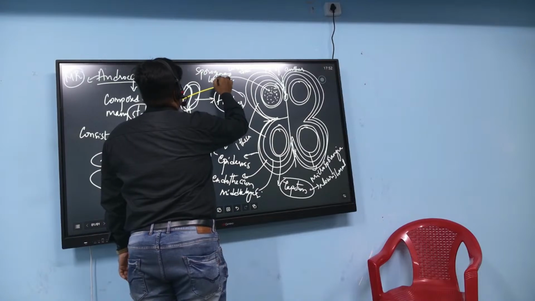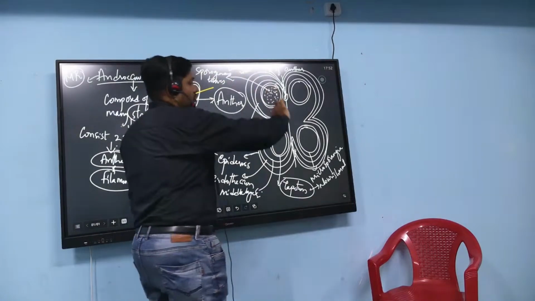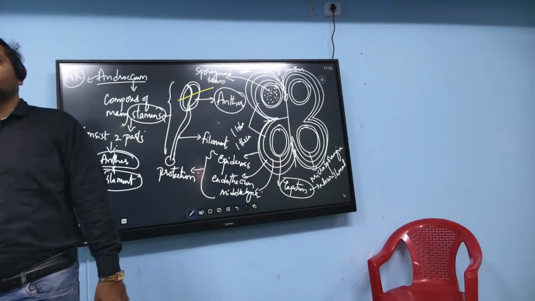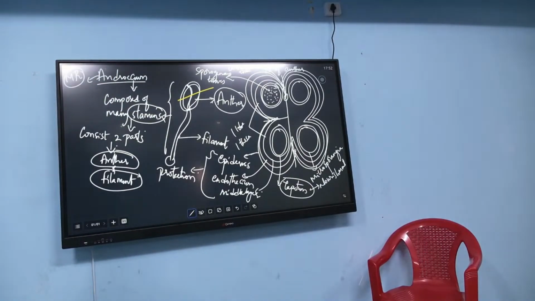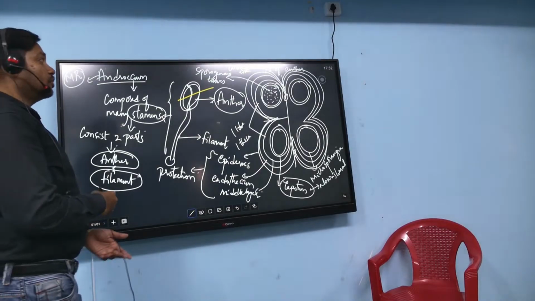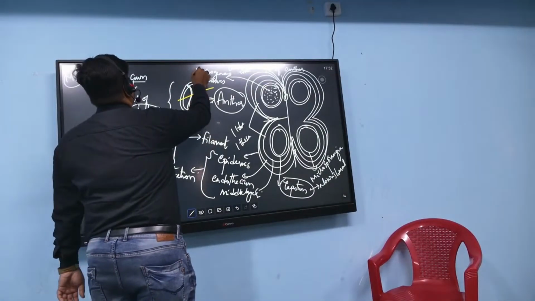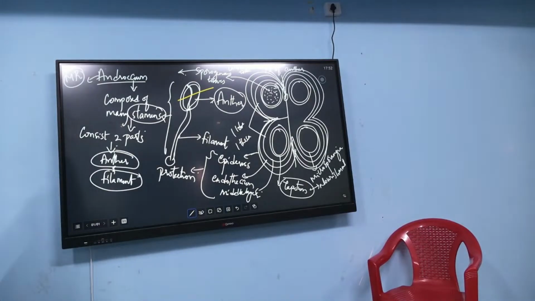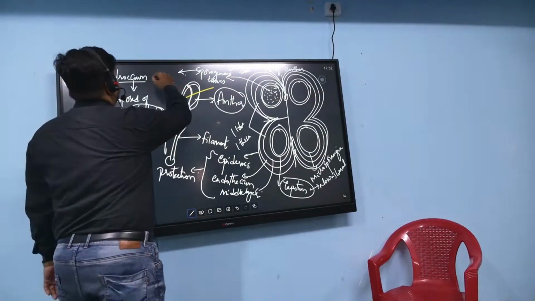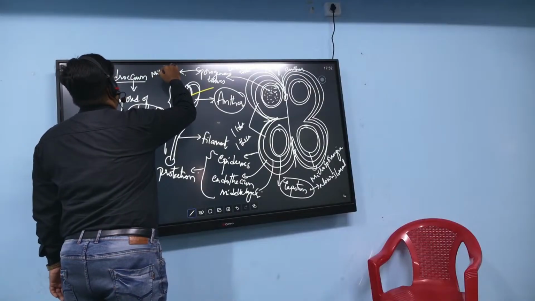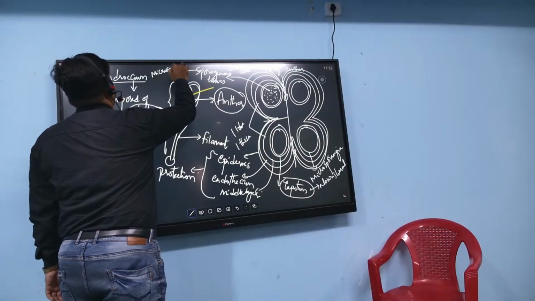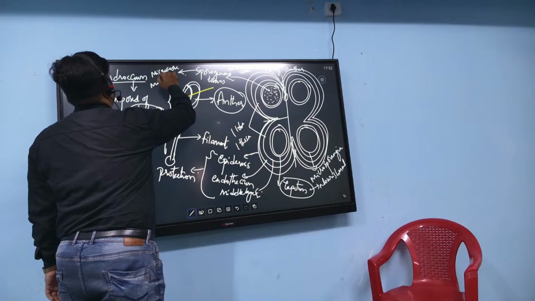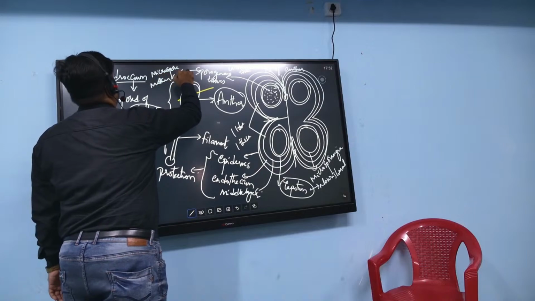Sporogenous tissues are present. Now, when this sporogenous tissue undergoes meiosis, at that time it will become microspore mother cell.